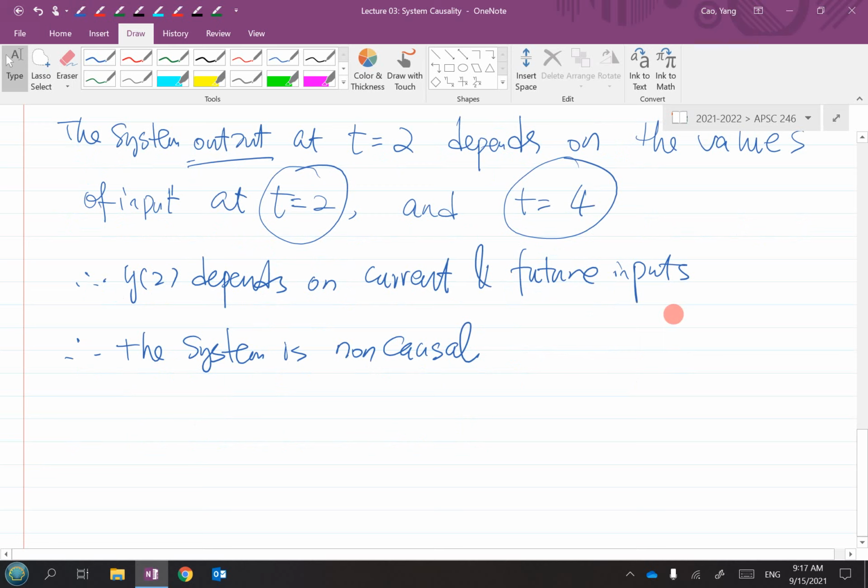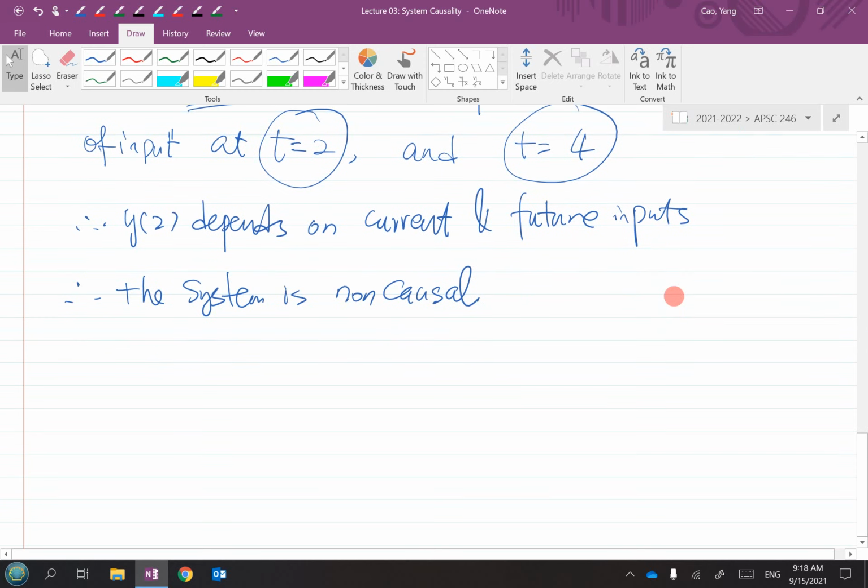How does the output value depend on the input value? What's the meaning of a current input value? What's the meaning of a past input value? And what is the meaning of a future input value? If all of these simple concepts are clear, then you relate back to the definition of system causality, and you can decide whether the system is causal or non-causal. Good? Yeah.